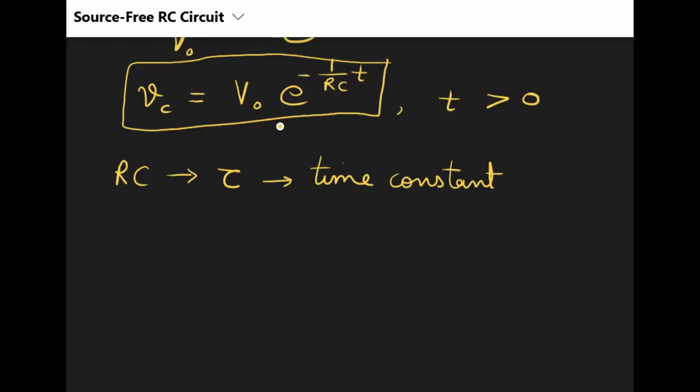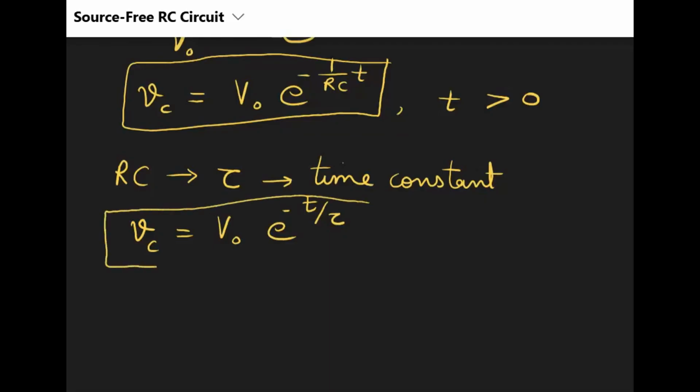Okay, so remember this definition. Now if we will replace it, e to the power minus t by tau we can write. So in terms of tau, this is the equation of voltage across capacitor in a source free circuit.